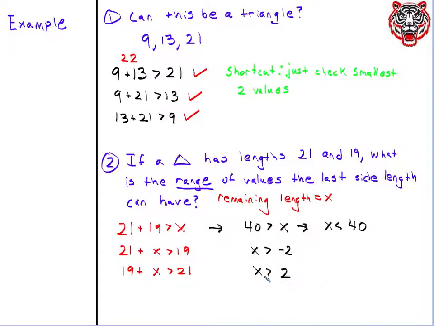So the answer here is between 2 and 40. I'll go ahead and do a compound inequality here: x needs to be greater than 2, and it needs to be less than 40. And if you don't like a compound inequality, you could just use interval notation. Say for x, it has to be between 2 and 40.